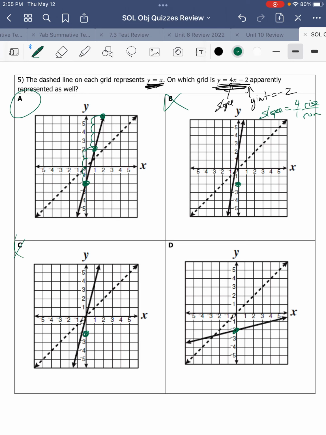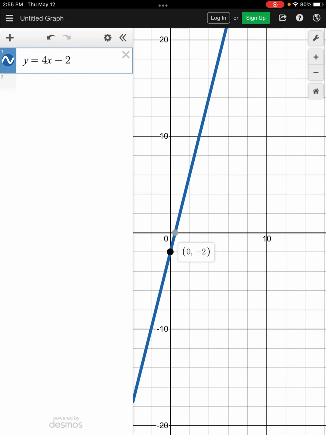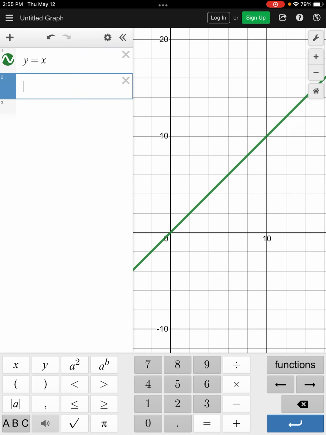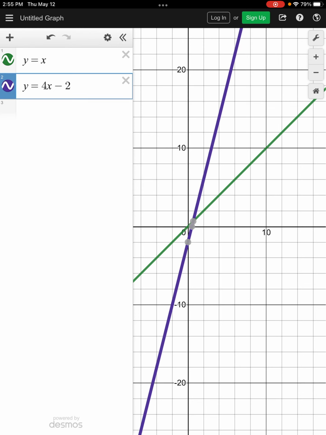But if we want to check this out on Desmos, let me check this out just to make sure. So we have y equals x, and y equals 4x minus 2. All right, so you're really just comparing here.